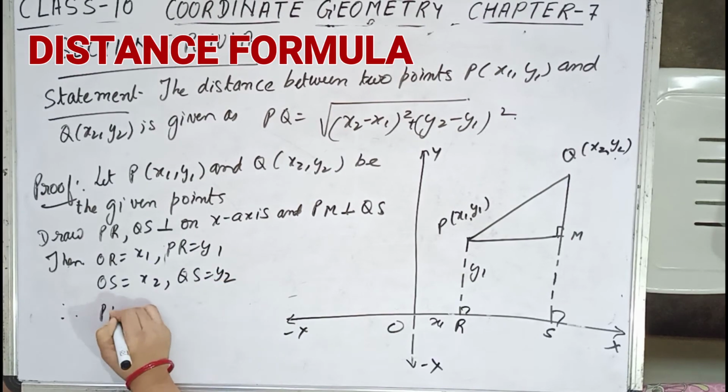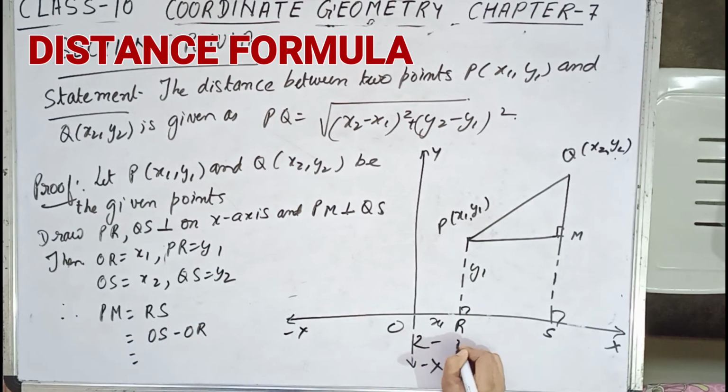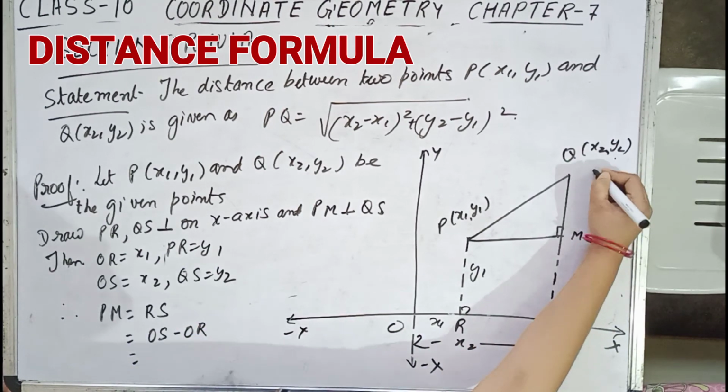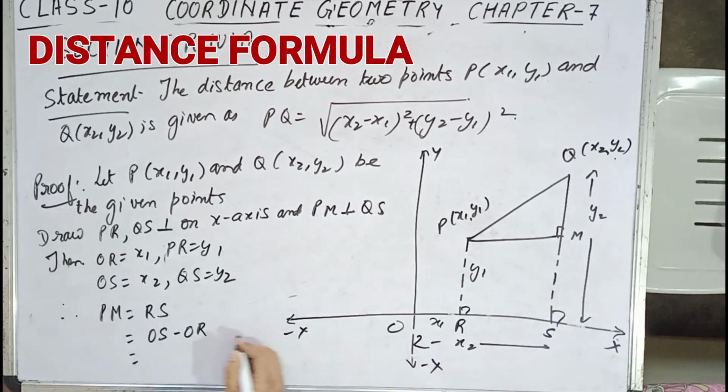Therefore PM equals RS equals OS minus OR. OS is how much? x2. So OS minus OR, that is x2 minus x1.